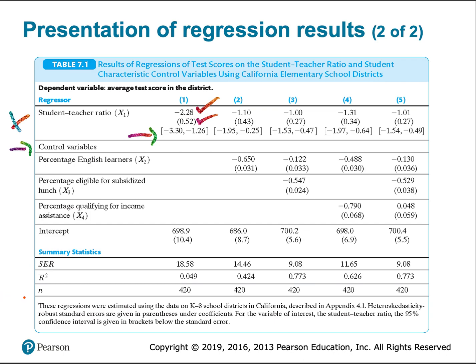And so what do we see? Once we control for outside learning opportunities, the coefficient on the student-to-teacher ratio is somewhere between -1 and -1.31. So we have a small range of estimates using varying control variables.